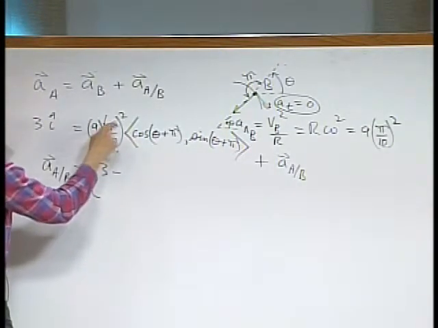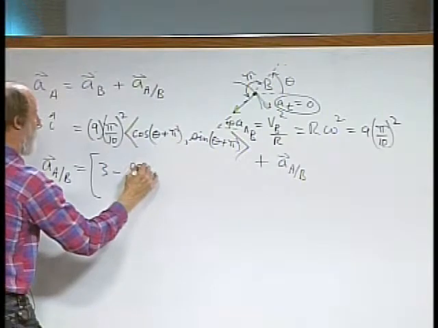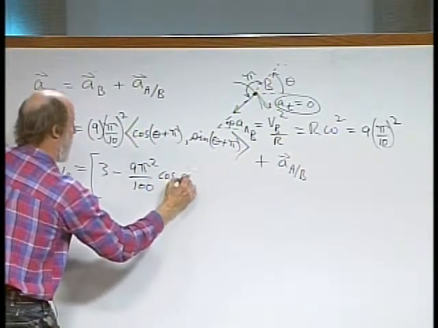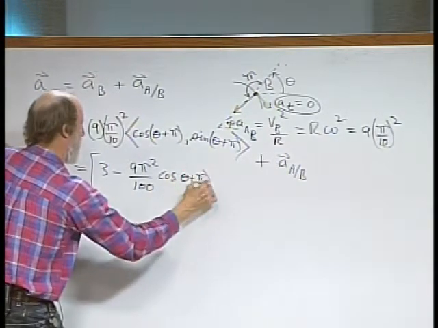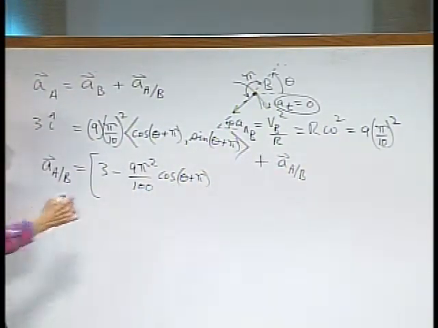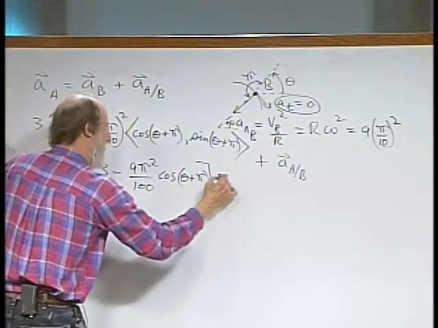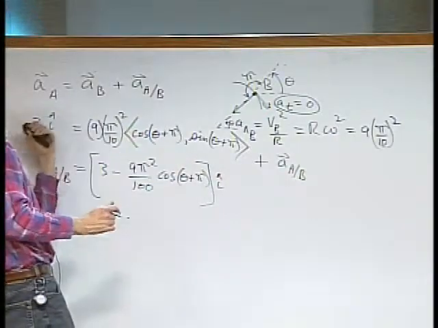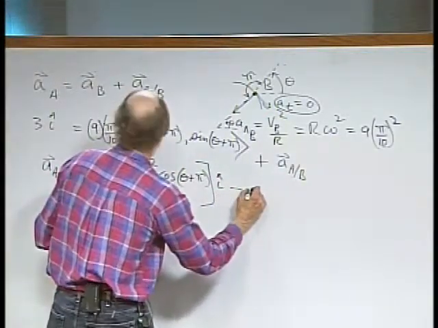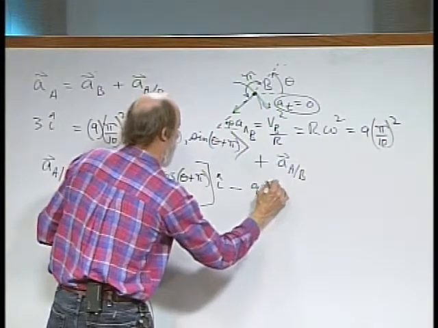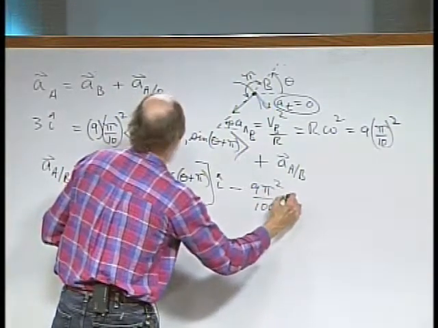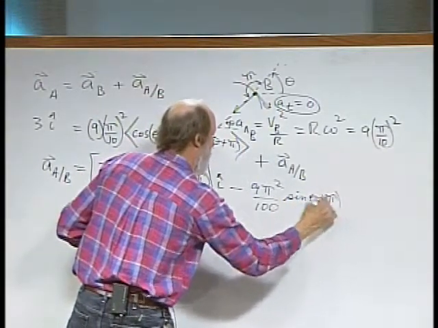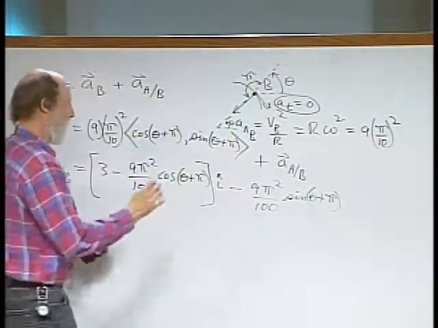So 3 take away 9 pi squared over 100 times this cosine term of theta plus pi. That is our i term. And then our j term is going to be this term with the sine brought over to the other side of the equation, becomes negative 9 pi squared over 100 times the sine of theta plus pi. And that's going to be j hat.